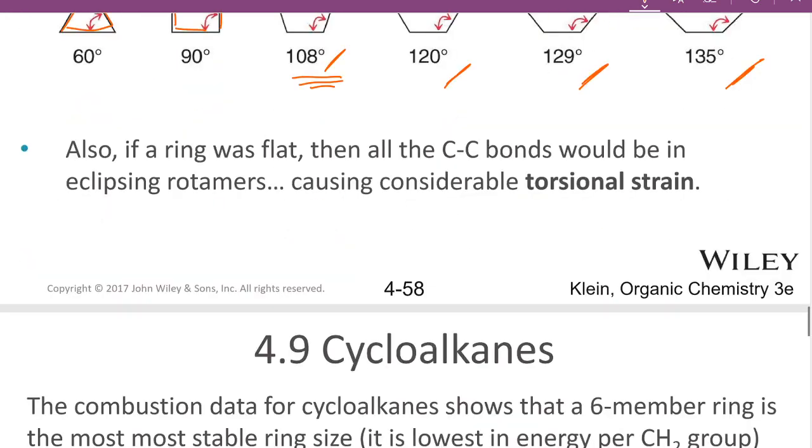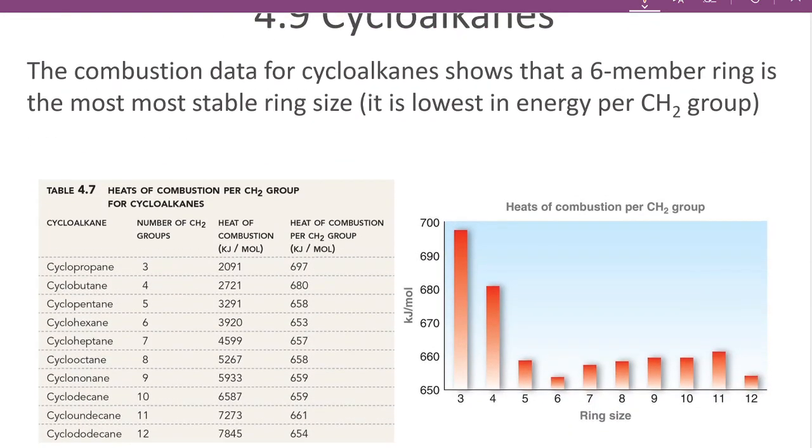But we don't really see that, and how do we know they don't adopt these types of conformations? Because if we look at the heats of combustion per CH2 group, as we increase the number of carbons, we can see that the heat of combustion is highest for cyclopropane. Okay, remember that 60-degree bond angle? And then we have cyclobutane with that 90-degree bond angle.